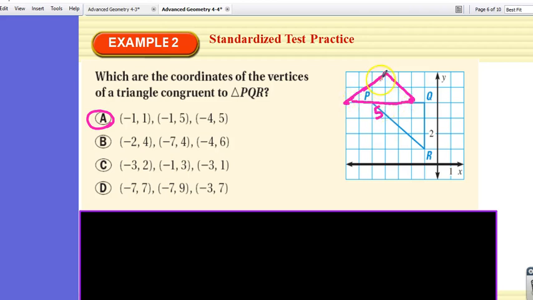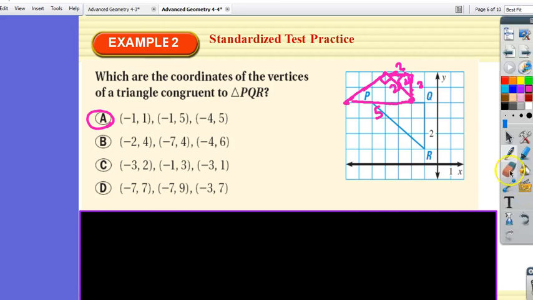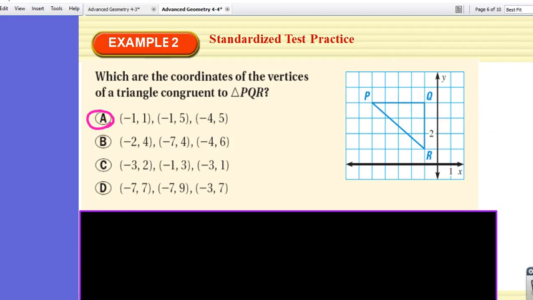This is a 5. Now, is this a 3 and a 4? Let's see. If I did a cute little Pythagorean theorem, I have a 2 by 2. So this is going to be 2, 2, 2 rad 2. That's a 45, 45, 90. 2 rad 2 is not 3. Therefore, the second one cannot be it.